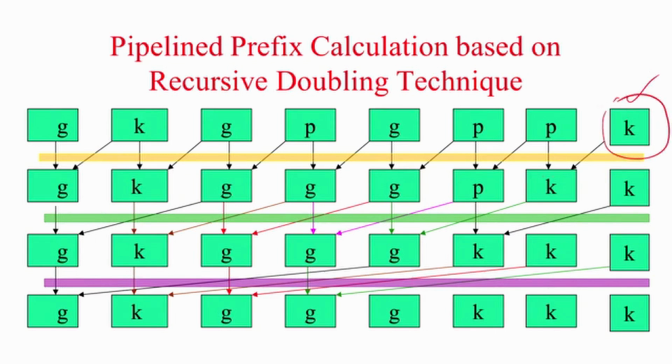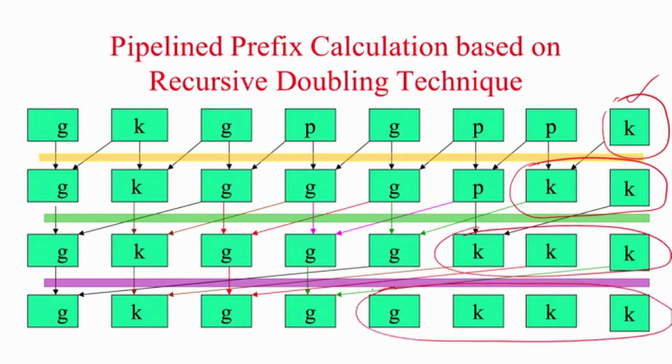For the first stage there is no need for computing beyond this. So, these two are empty after this first stage or second stage, whatever you call, and these three are empty here and four are empty.